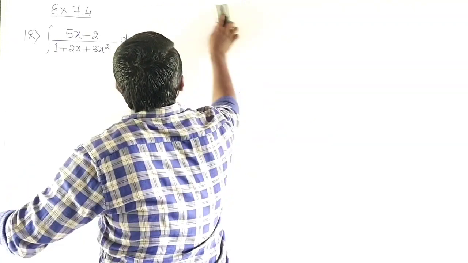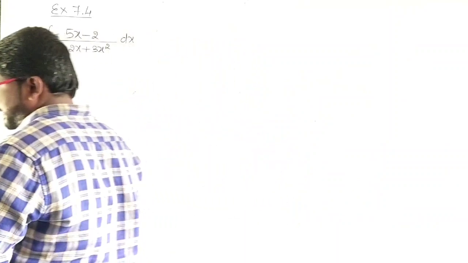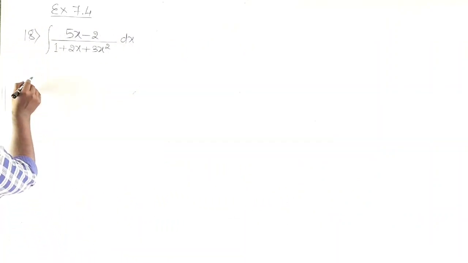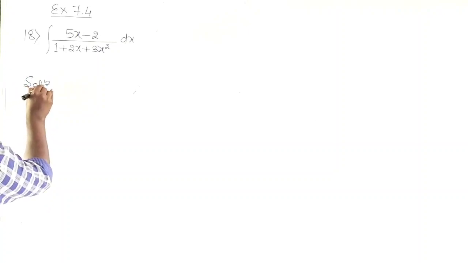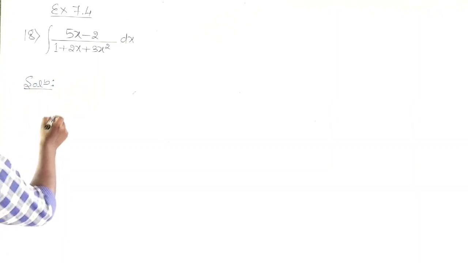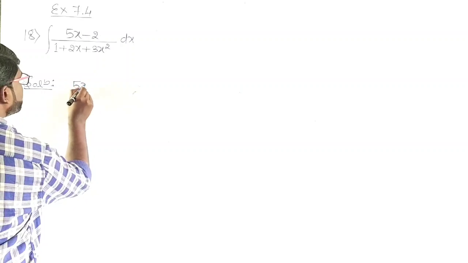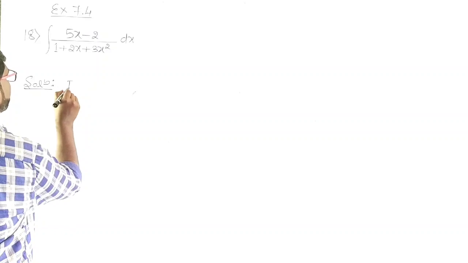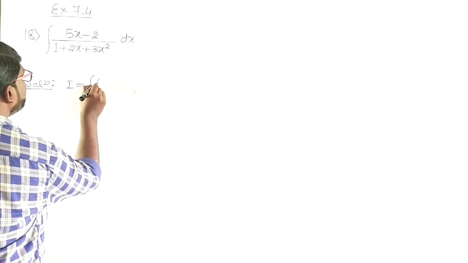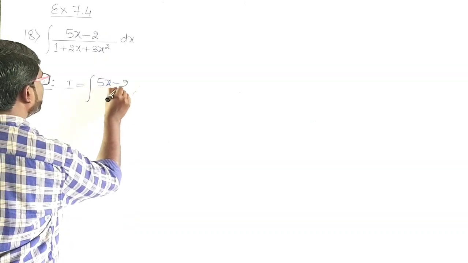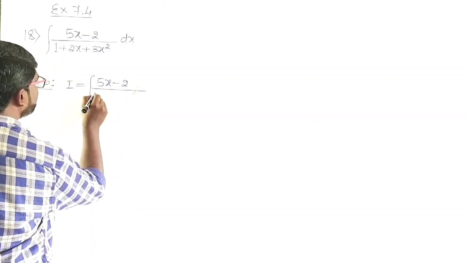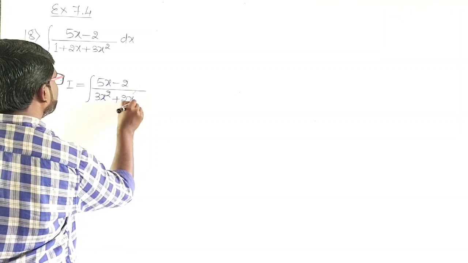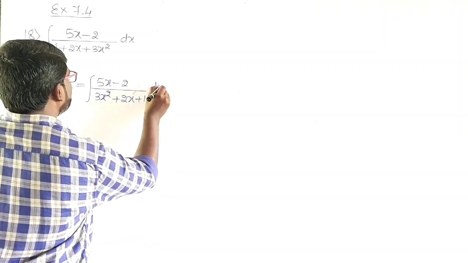So I write 5x minus 2 as it is. Let me write this as I, which is equal to integral of (5x minus 2) divided by (3x square plus 2x plus 1) dx.